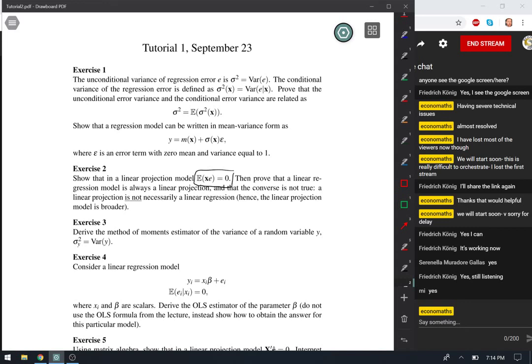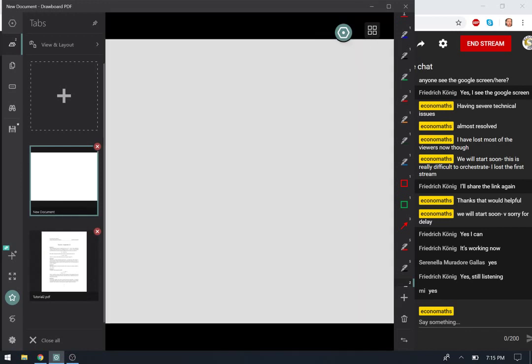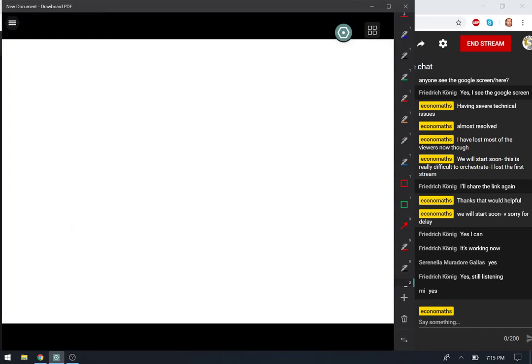The first part asks us to show that in a linear projection model, E[x e] = 0. Well, this is pretty much by definition. Here this x in general will be a p by 1 vector, and we've dropped the i subscripts that denote the point in the sample. So x1 could be age, x2 could be gender, and so on down. There could be p variables.